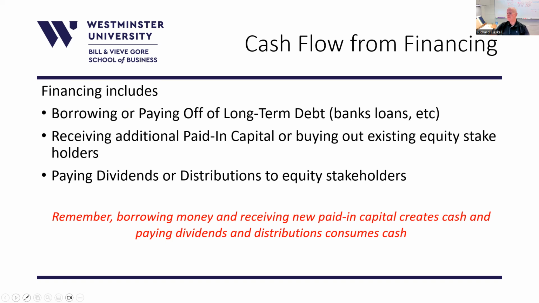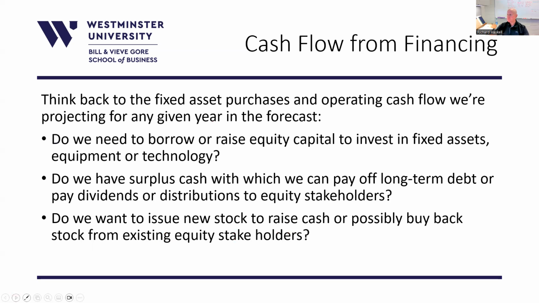But if we buy out existing investors, either because we've chosen to reduce the number of existing investors or because we are offering a stock dividend of some kind through a buyback, then that's a negative to cash flow. Or if we're paying dividends or distributions to equity stakeholders, those are negative to cash flow.